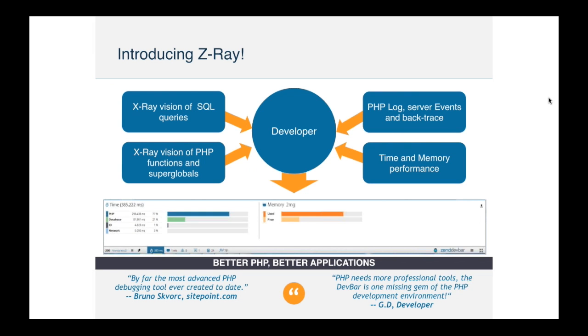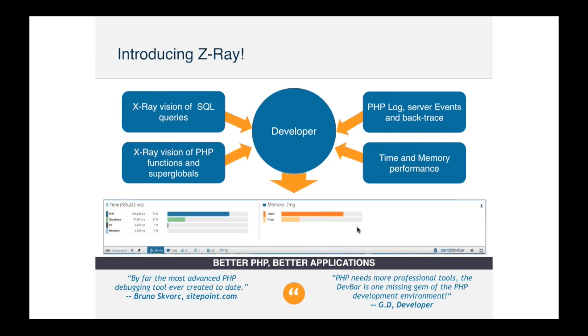So what is Z-Ray? Z-Ray is a special bar which is integrated in your page when you are running it inside Zend Server. Zend Server is actually an environment with Apache, MySQL, PHP, and all the stuff running in one environment, and you deploy your applications there, and you run them there, and you get all the information with Z-Ray about what's going on with the application.